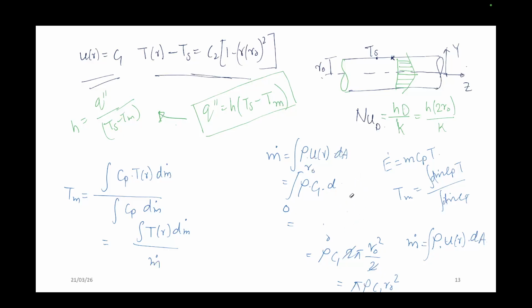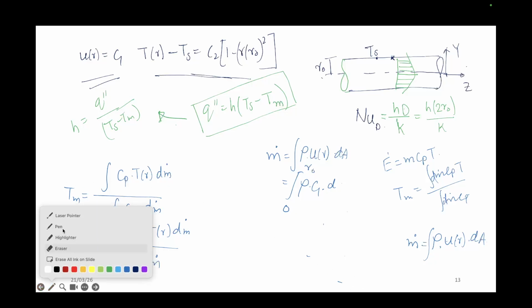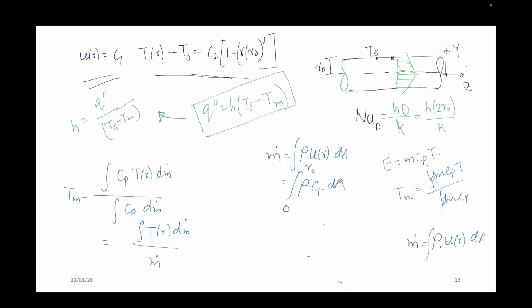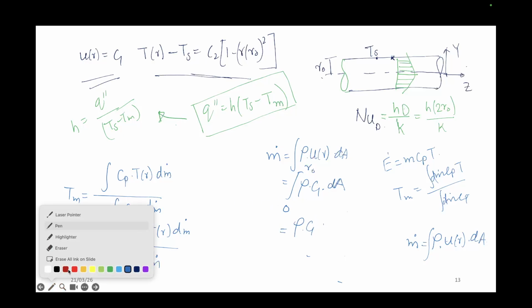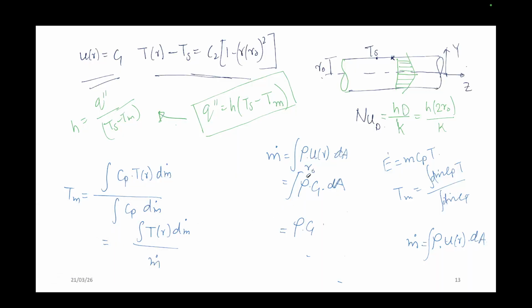You just take rho C1 and the integration of dA, because C1 is constant. What should be the integration of dA?